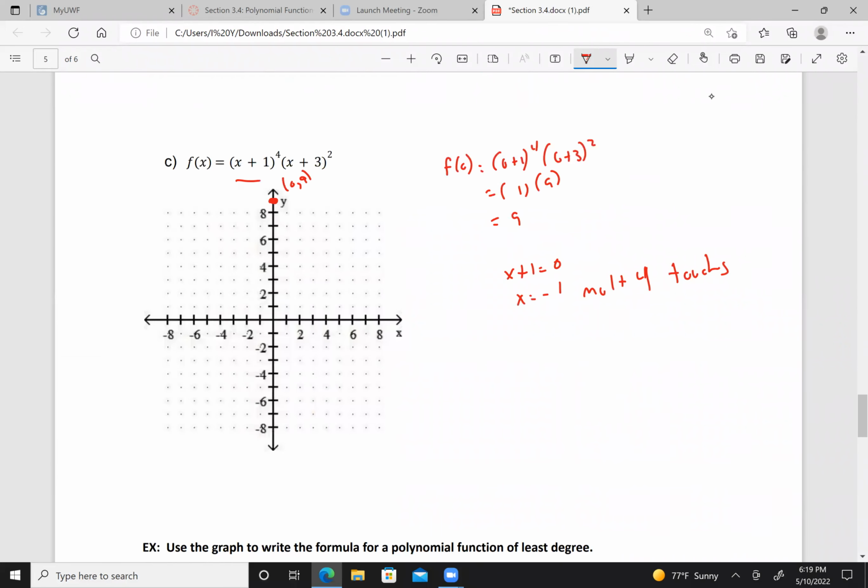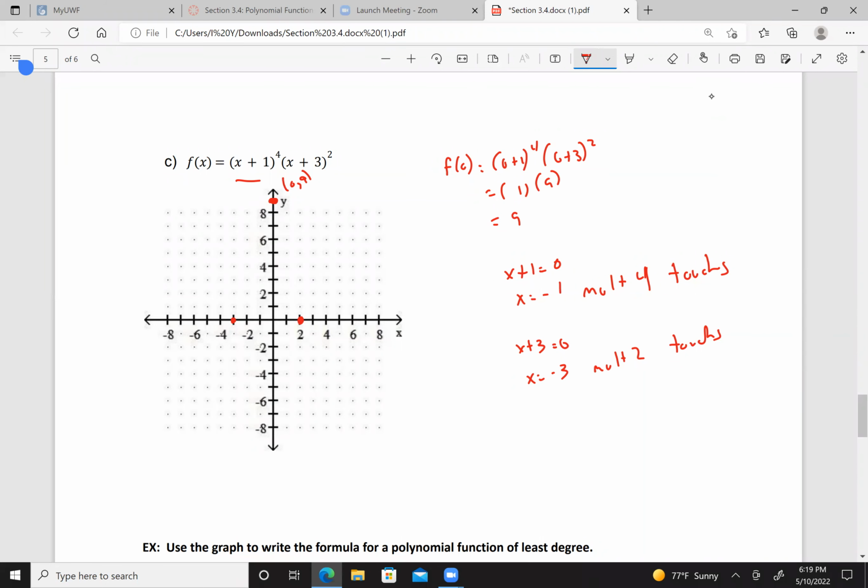Okay. And then my other 0 is x plus 3 equals 0, which is x equals -3 with a multiplicity of 2, so it touches as well. So I have -3 here. I have 2 here. And it touches at both of them.